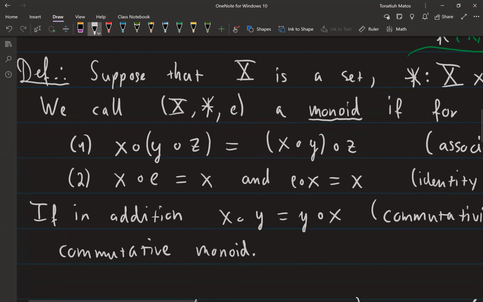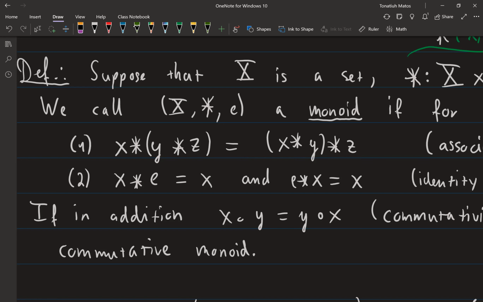It is going to be a little bit tedious to change. The reason I don't want to use the little round symbol is that it might be confused with the function composition that I defined last time, and that will be one example of a monoid, but this is supposed to be an abstract definition.